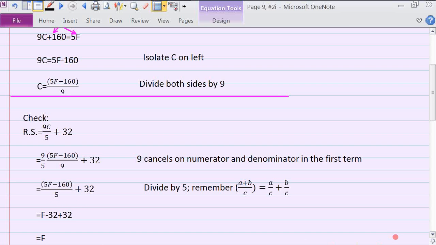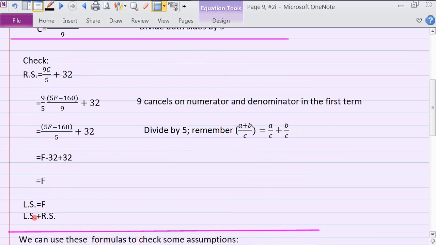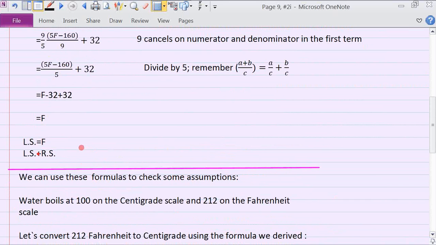So now the right side equals f, the left side equals f. Oh, little error here. This should be equals. So there should be an equal sign right here. Okay, so let me just correct that and write it out.